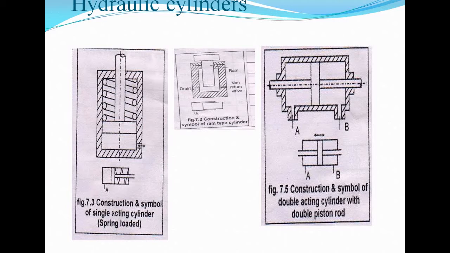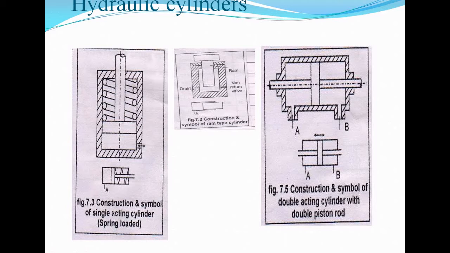In another figure you can see a double acting cylinder with double piston rod. You can see there is only one piston, and these are the two piston rods. We will have forward motion as well as backward motion. That's why it is called a double acting cylinder. You can see in this arrow we will have a forward motion as well as backward motion.